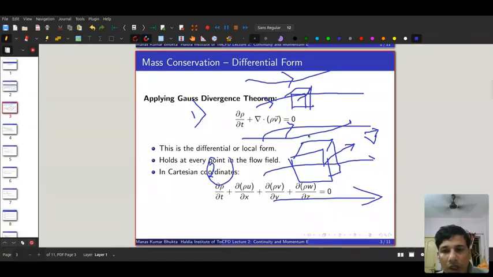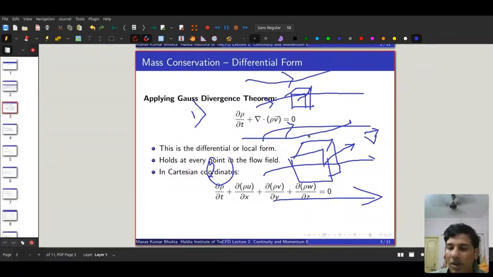When any finite control volume or very small fluid element is fixed in space, that approach is known as the conservative form of governing equations. And the next form, which moves with the flow velocity, is known as the non-conservative form of governing equations.